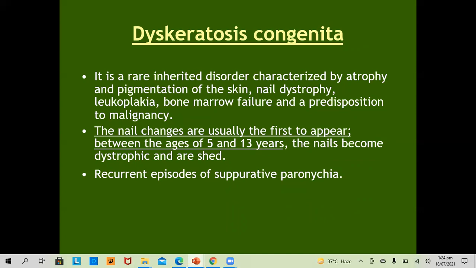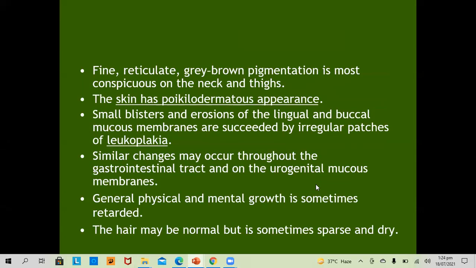The nail changes are usually first to appear between ages of 5 and 13, and the nails are dystrophic and are shed. There are recurrent episodes of suppurative paronychia. Fine reticulate gray-brown pigmentation is most conspicuous on neck and thigh.